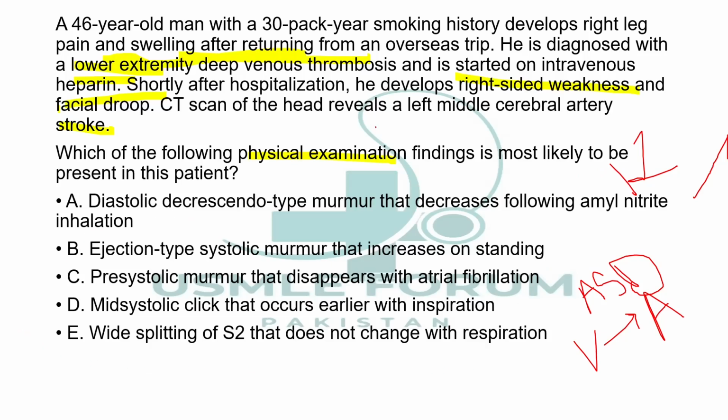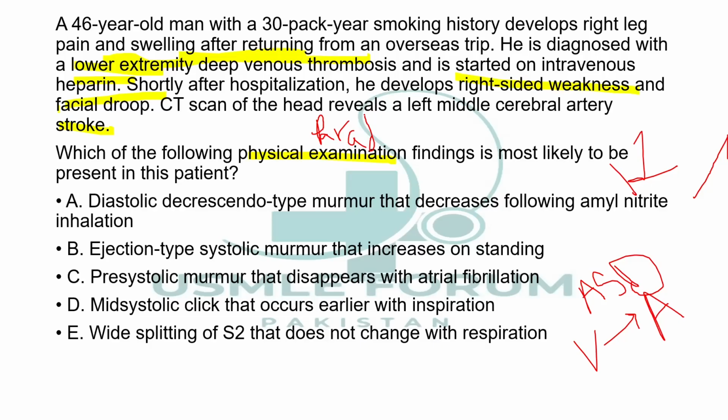One thing that I forgot to mention is these kinds of emboli are known as paradoxical emboli. They're known as paradoxical because they're not supposed to cause any problem in the arterial system.